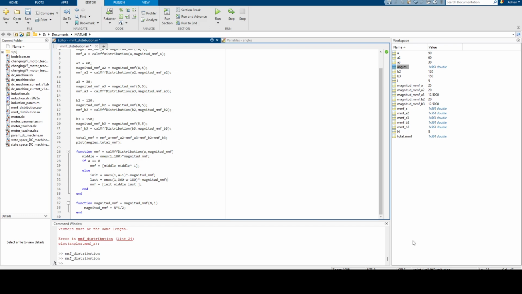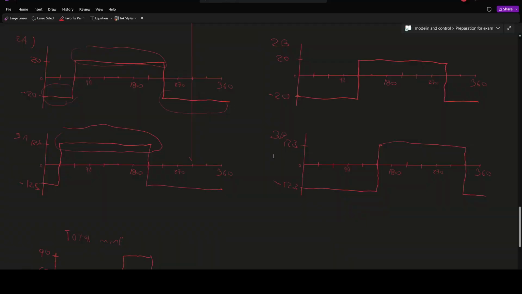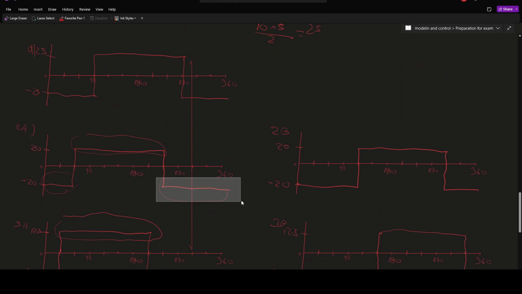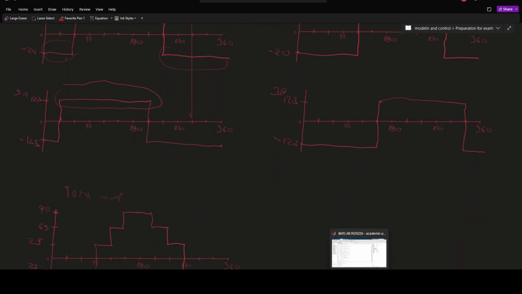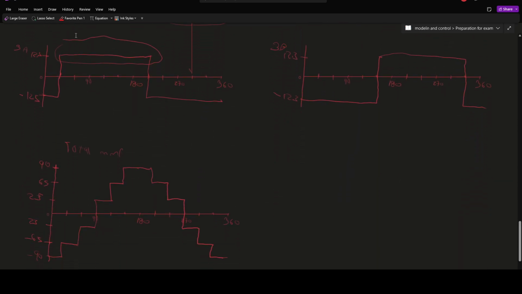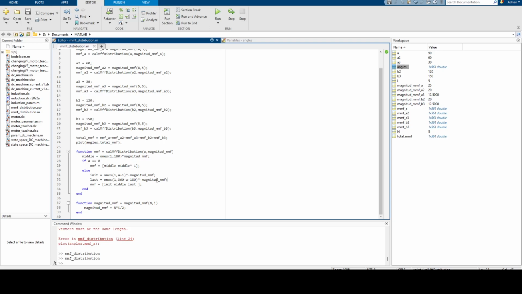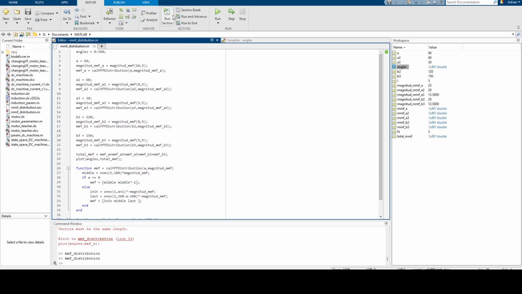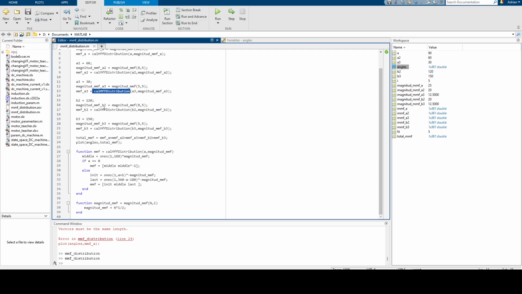And I do it negative because, again, we can see that in all of the examples, the last part was negative, because it is always 180 degrees positive and then 180 degrees negative. Okay, then that's how we are calculating the MMF distribution in space over the air gap.